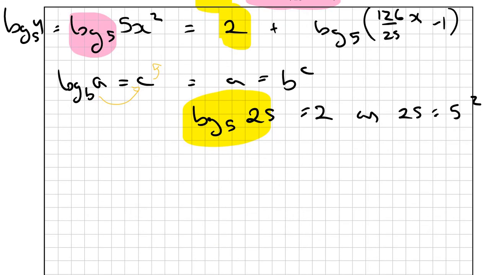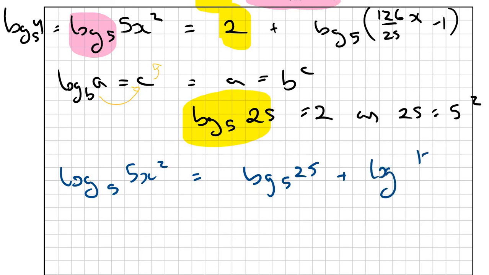And what it gives me, I'm just going to change the writing here, I'm left with this equation: log 5x squared to the base 5 is equal to log 25 to the base 5 plus what I have originally.